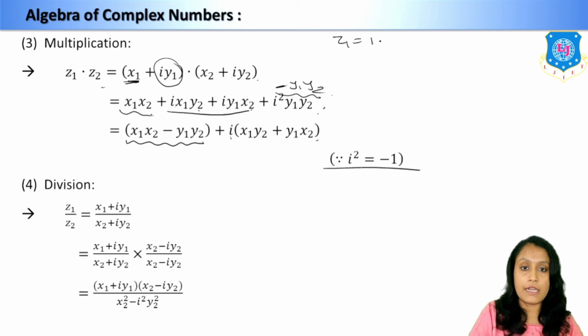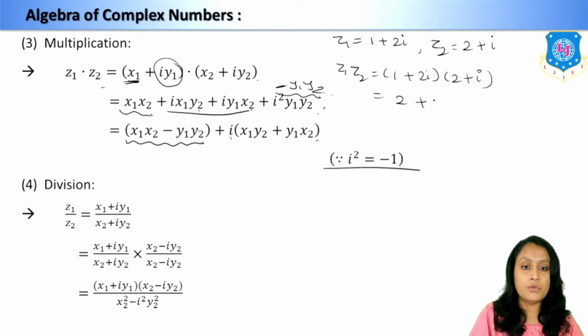So consider z1 as 1 plus 2i and z2 as 2 plus i. We'll multiply z1 and z2. So z1 into z2: 1 plus 2i, and here 2 plus i. First consider this 1 and multiply with this bracket. So you will get 2 plus i. Now consider this 2i and multiply with this bracket.